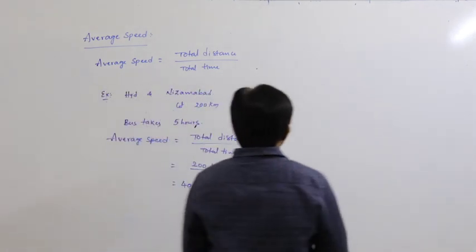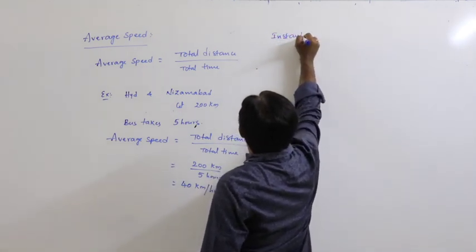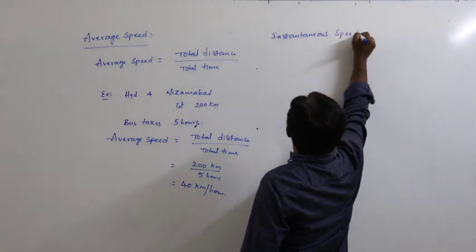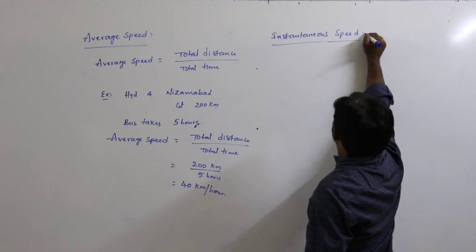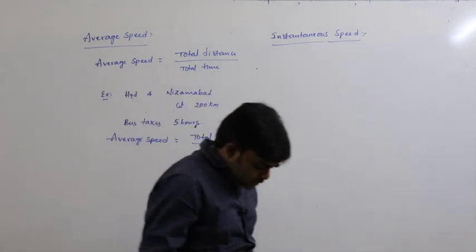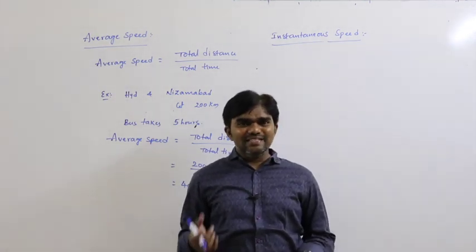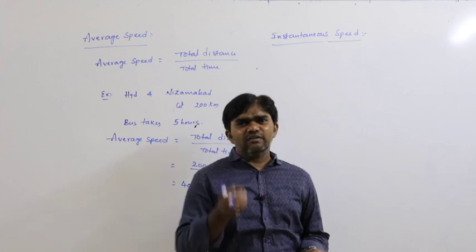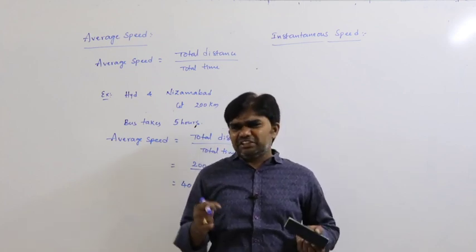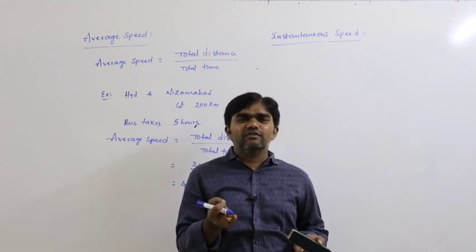And one more thing is instantaneous speed. What is meant by instantaneous? Instant, in a small interval of time. I want an instant result. So a very small interval of time.